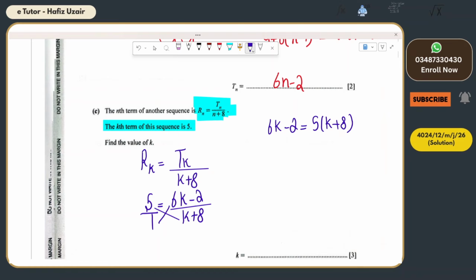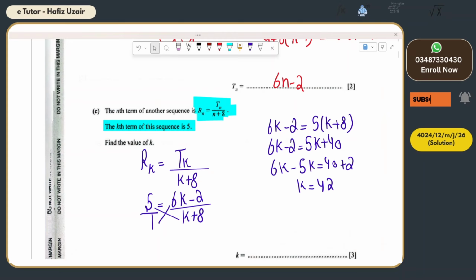Just expand the brackets. So 6k minus 2 will be equal to 5k plus 40. 6k minus 5k will be equal to 40 plus 2, that will be k is 42. All right, this is your answer.